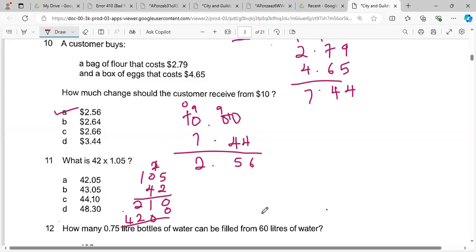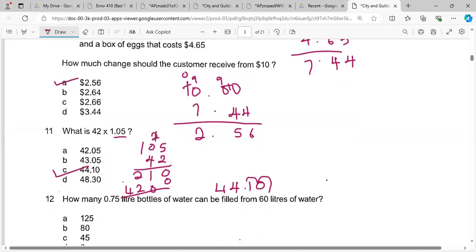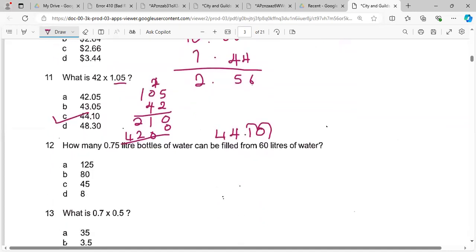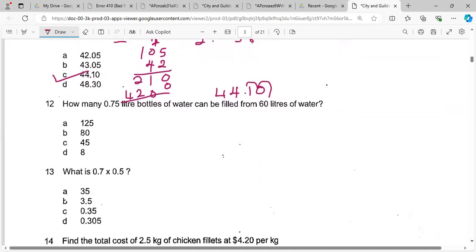To add now, this will give us 0, 1 and 0, 1, that gives you 4 and then 4. Remember, we had 2 decimal places to begin with, so we have to have 2 decimal places in the end. So that will be C, 44.10.